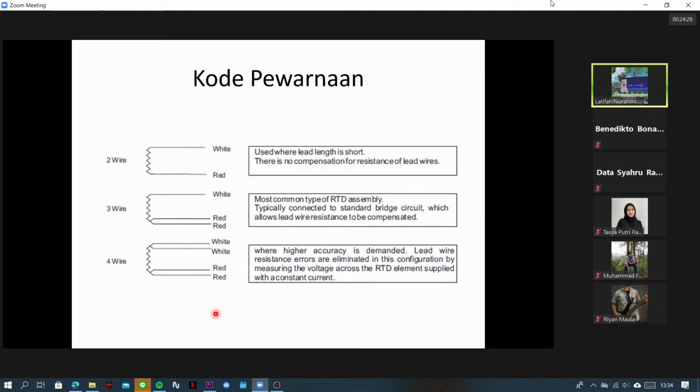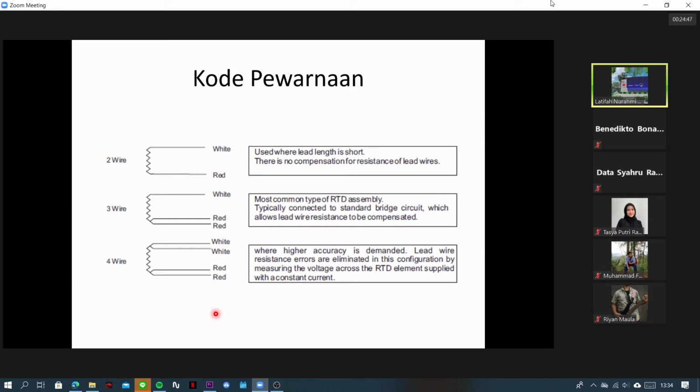For example, yellow and red, yellow and blue, and so on. So it shows something, and it is standard. There is no thermocouple using random colors without following the standard.